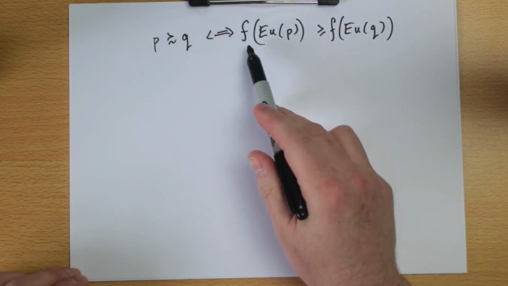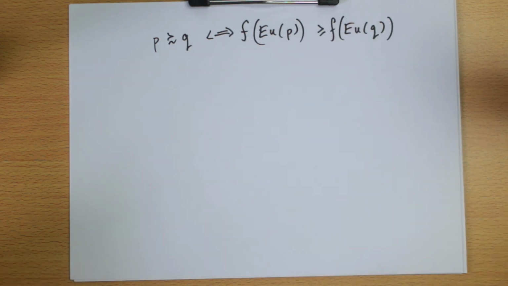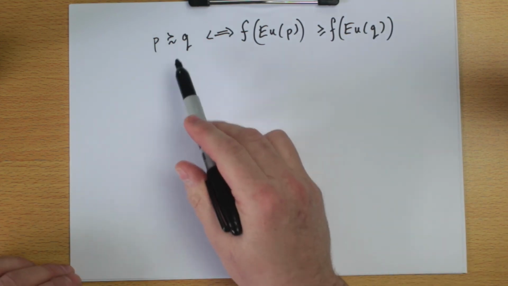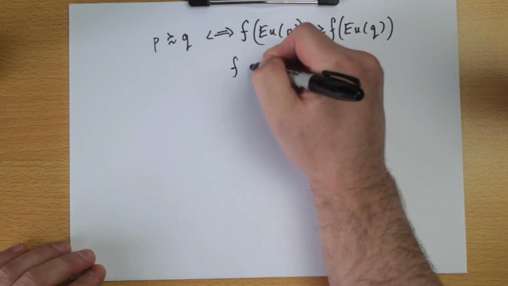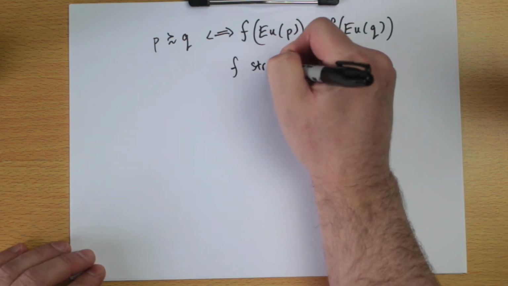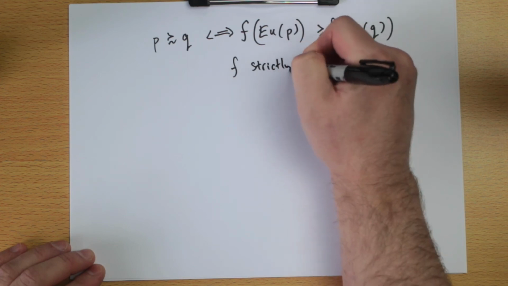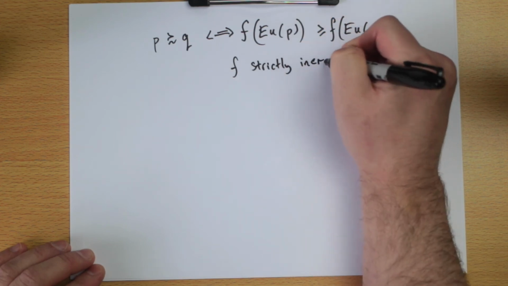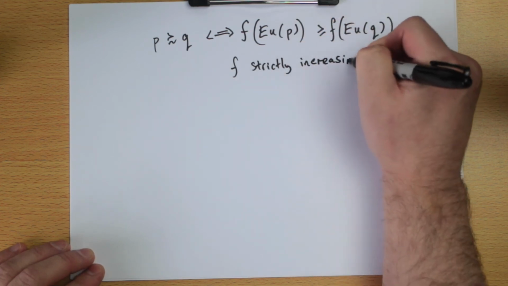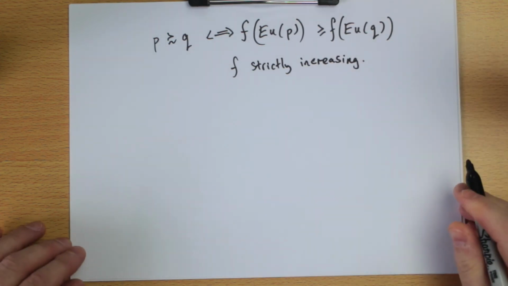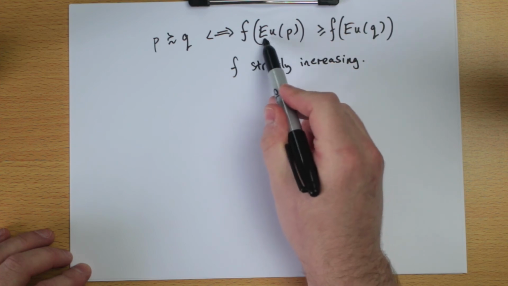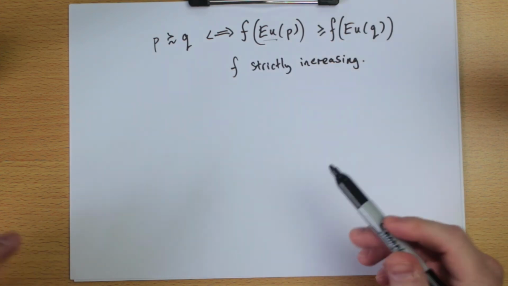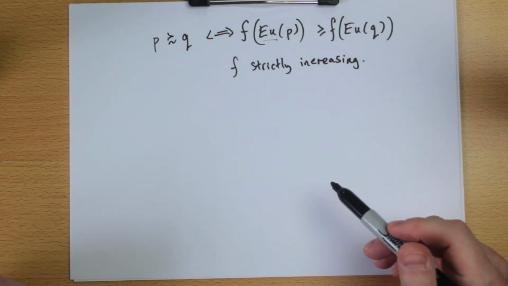I could, of course, replace it with any increasing transformation, and the preference that's being represented is still exactly the same, as long as f is strictly increasing. Okay? So really, this is an ordinal theory. But there's a lot of confusion about the next thing that I'll say. This overall evaluation, EU, is ordinal.